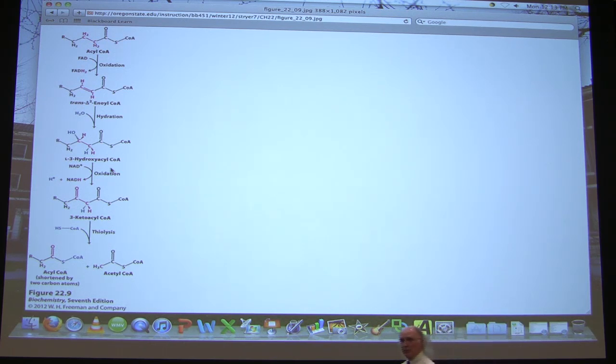Why do I want you to know that name? Well, it turns out to be an important enzyme from a health perspective. Our bodies have three different forms of this enzyme. One that works on long fatty acids, long meaning longer than probably about 18 or so carbons. One that works on medium-length fatty acids, and it'll typically work on fatty acids anywhere from about 8 to 18, 8 to 16, thereabouts.